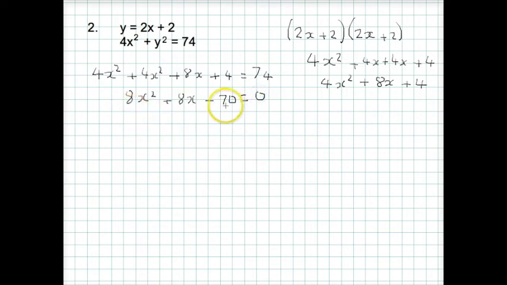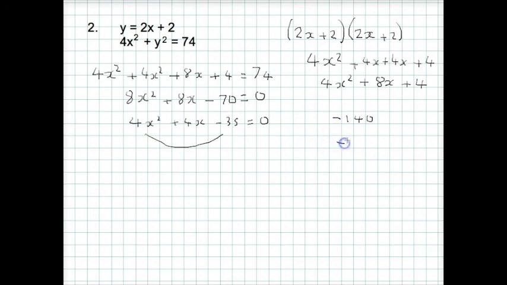Now if we divide this through by 2 to give us 4x squared plus 4x minus 35 equals 0, it might make it a bit easier. Let's times these two together. 4 times minus 35 gives us minus 140. We're now looking for two numbers that multiply to give us negative 140 and add to give us 4.